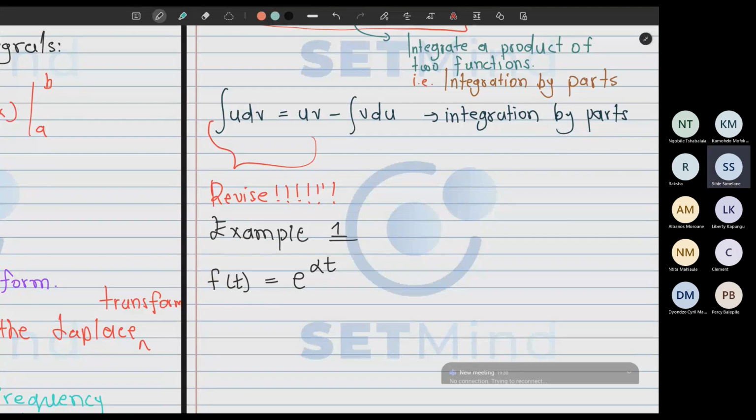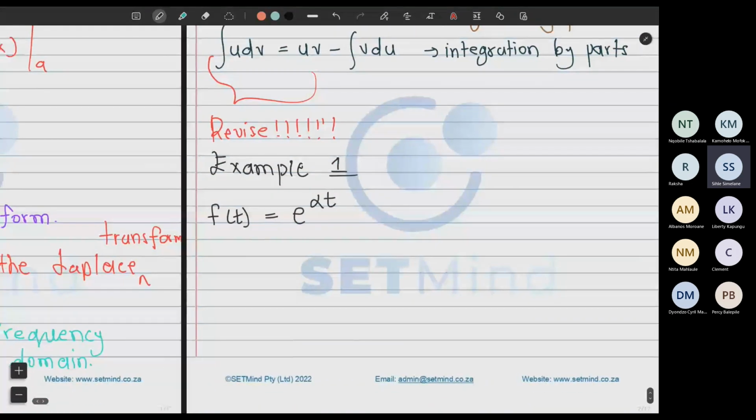So I'm saying if you look at past papers, you will realize that at some point they usually say find the Laplace transform of a certain function by integration, but it hardly comes out that way. It's a question which will hardly come out, but it can come out. So let's see how we can find the Laplace transform of this function.